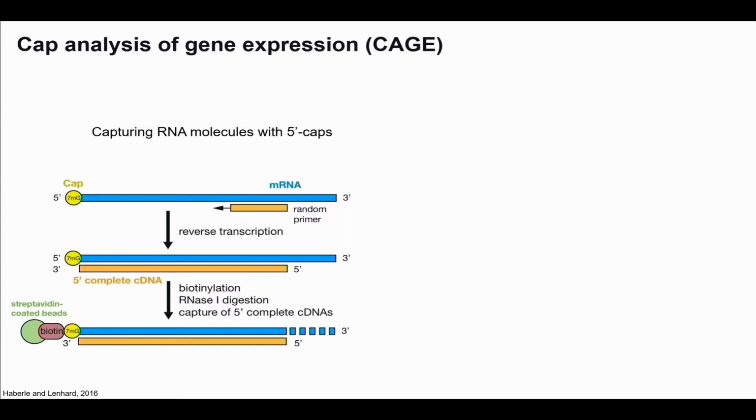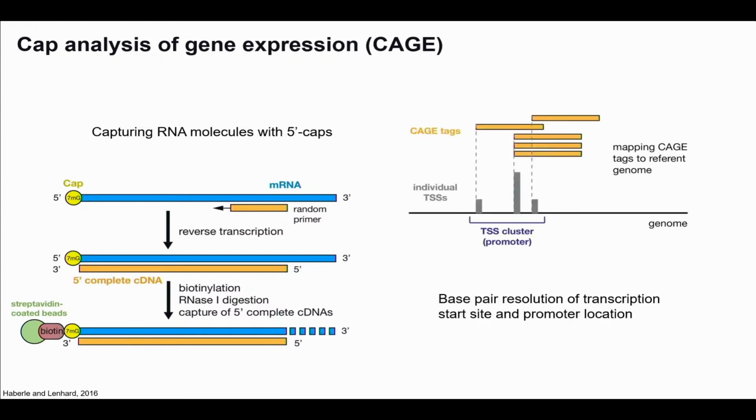We biotinylate the 5' cap, and then we do the pull down and construct the library, and the beginning of the read is where the initiation starts. It also gives us a quantitative method, because the intensity of the peak is the amount of expression. We can also cluster this initiation to get the promoter region, or how we call it, tag clusters. I will show some data later on.